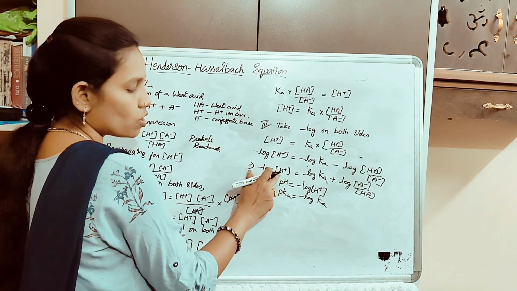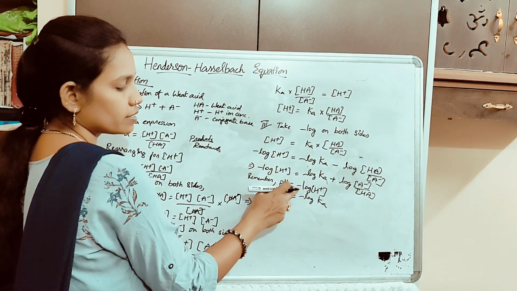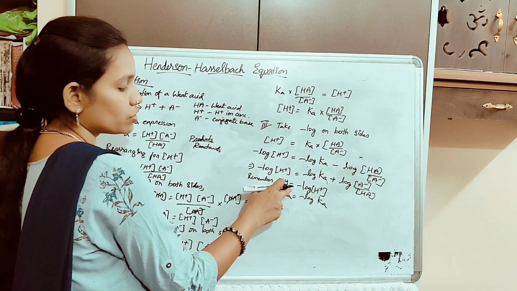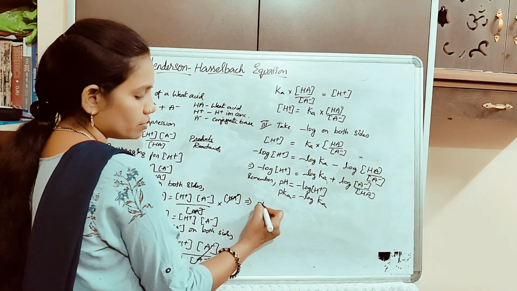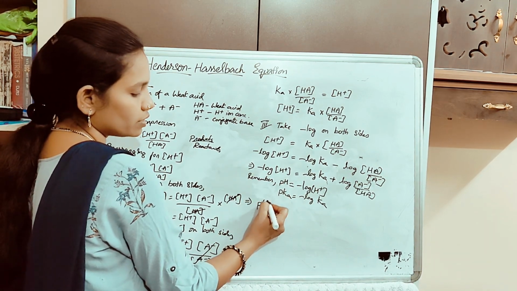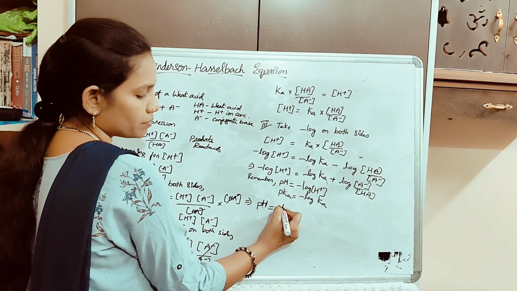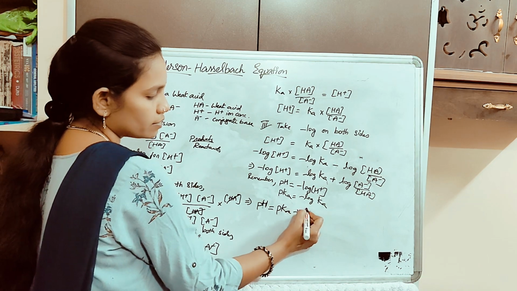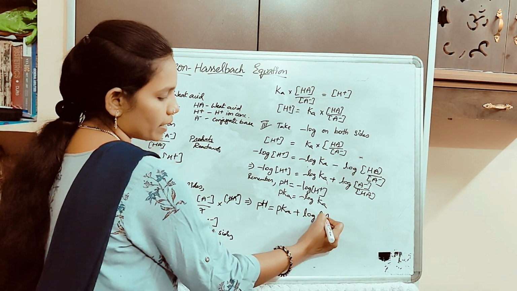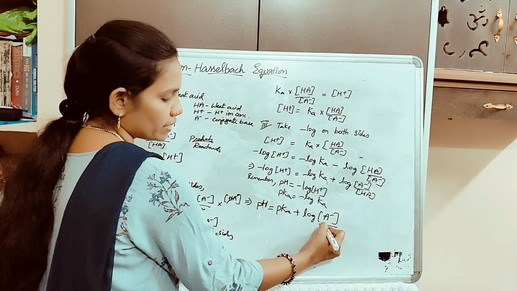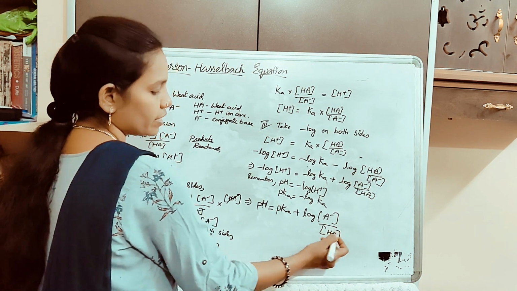Minus log concentration of H plus, substituting as pH, right? So pH is equal to minus log Ka as pKa plus log concentration of A minus by concentration of weak acid.